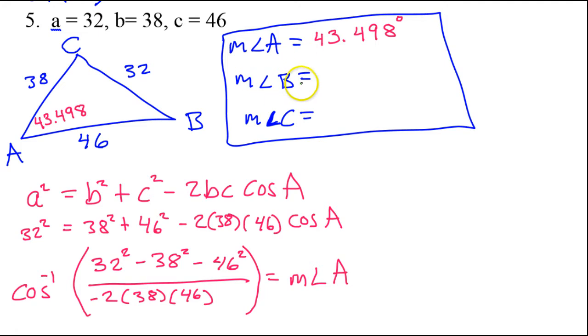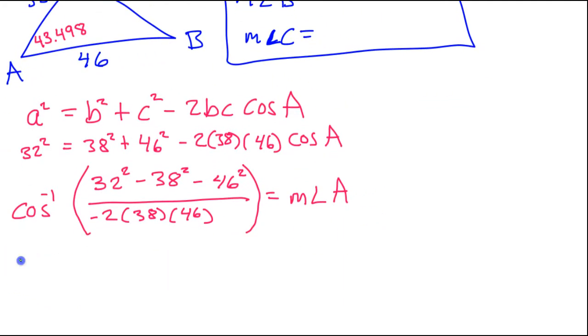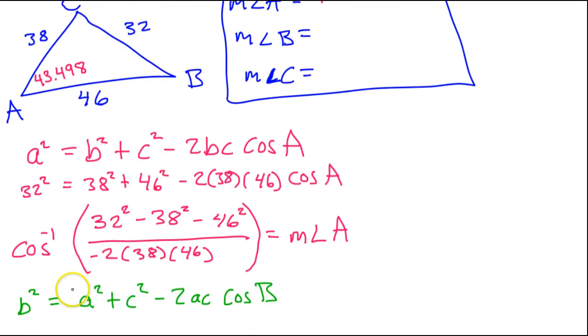Now let's go ahead and find the measure of angle B in the same exact way. If I want to find the measure of angle B, I need to start off with B squared. So B squared is equal to A squared plus C squared minus 2AC cosine of angle B. Now, B squared, what was that again?